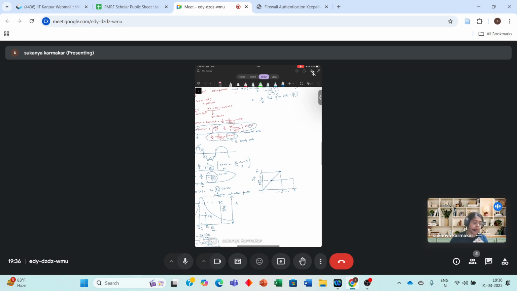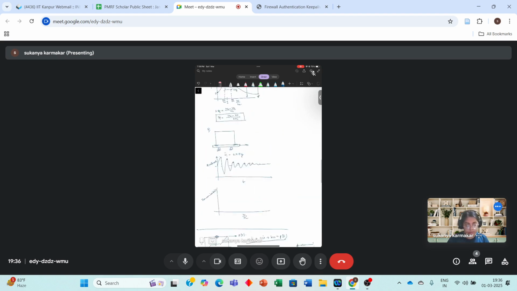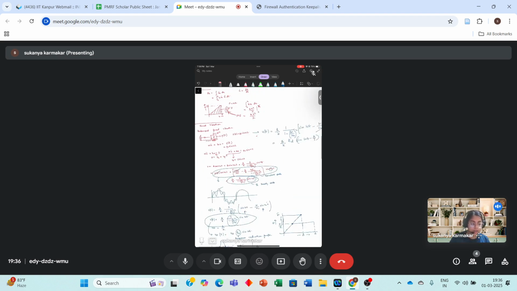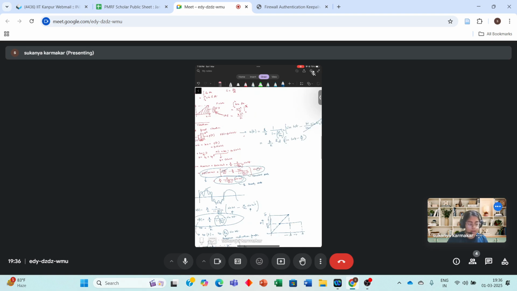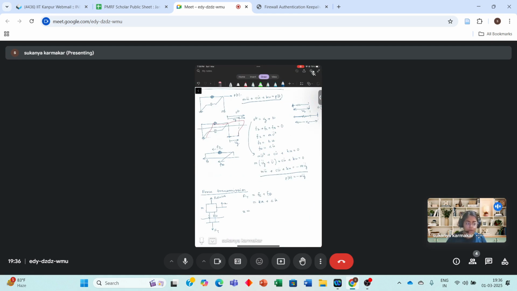When we were writing this expression, it was without damping. But here, when we are studying transmissibility, you have a damper.